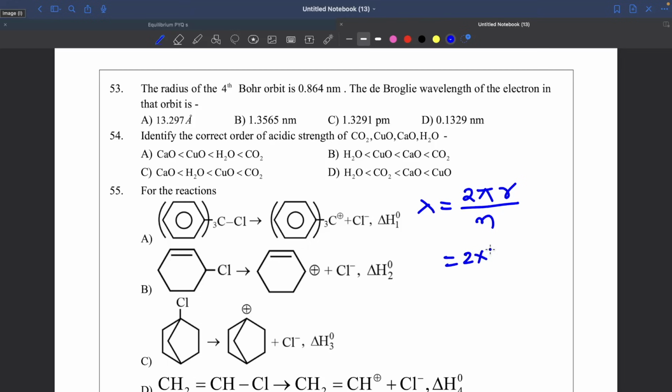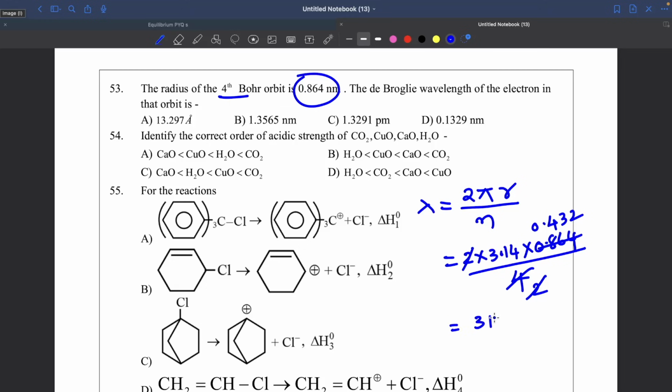So 2 into 3.14 as the pi value, and the r value given to us is 0.864, over n, which is 4 for the 4th orbit. So divided by 4, we just solve it: 0.864 divided by 4 is 0.216 times 2 is 0.432. So this equals 3.14 into 0.432. We just need to multiply this.